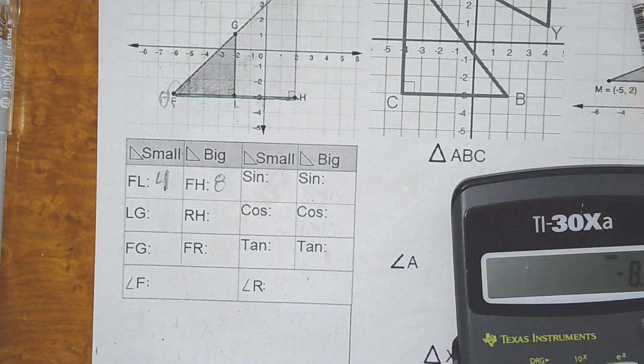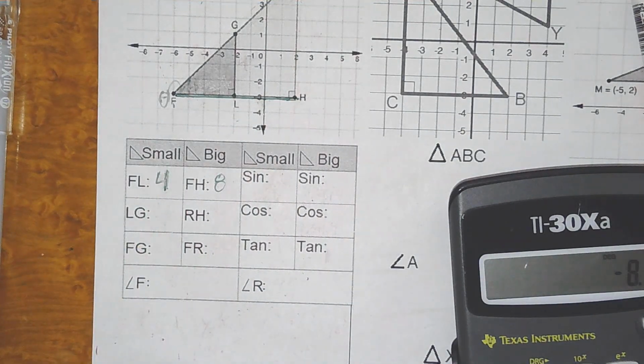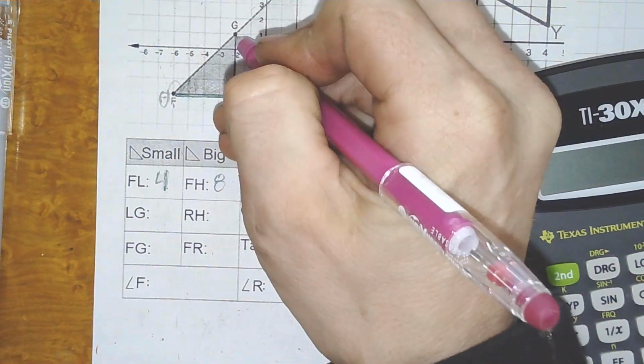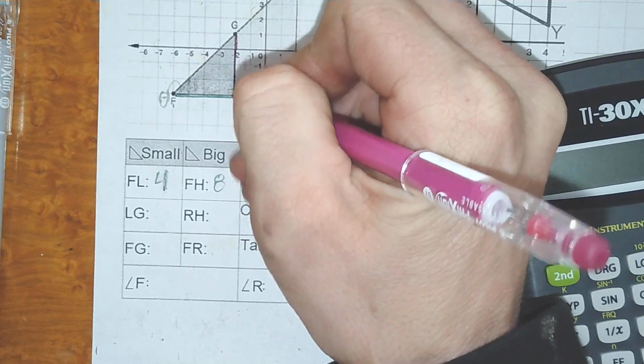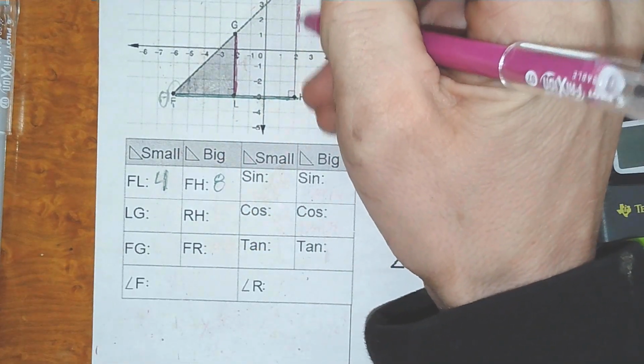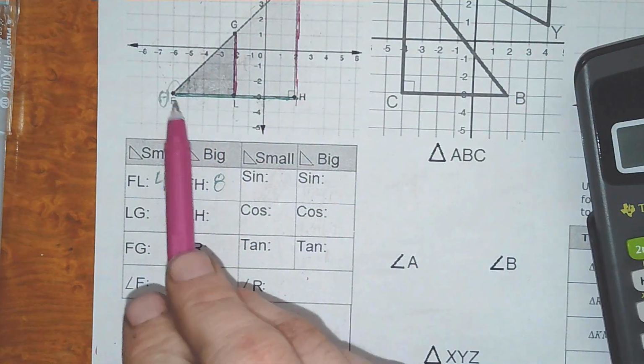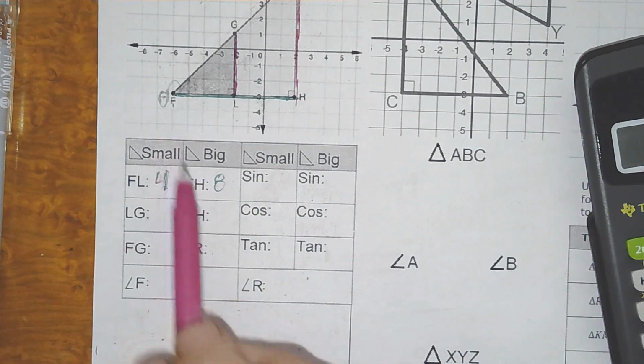Now LG and RH are the opposite sides of these two triangles, in reference to F, which is angle theta.